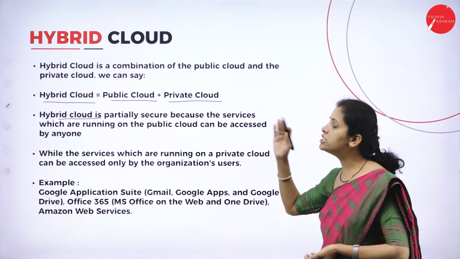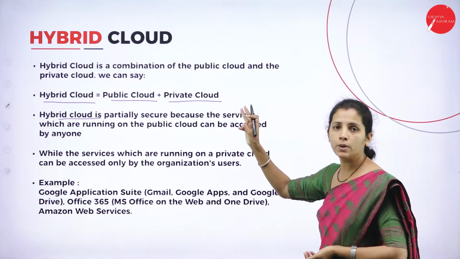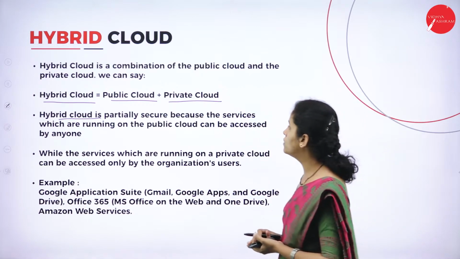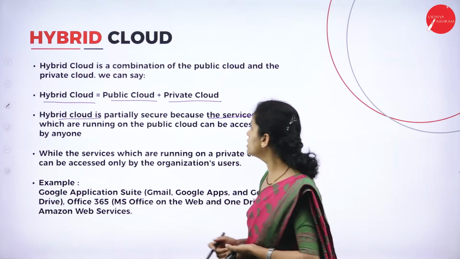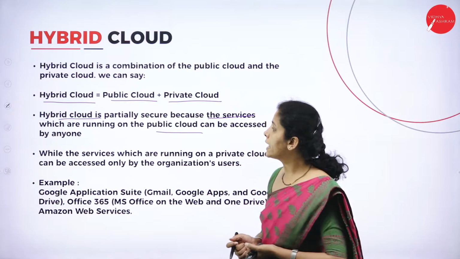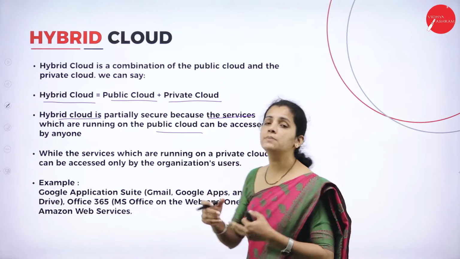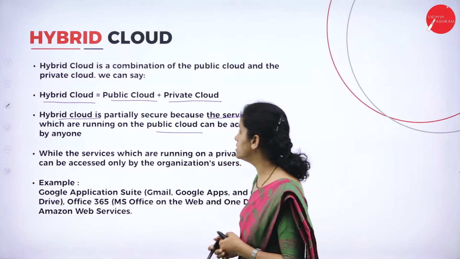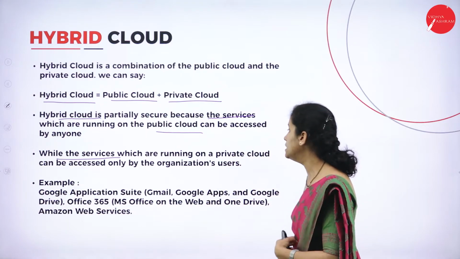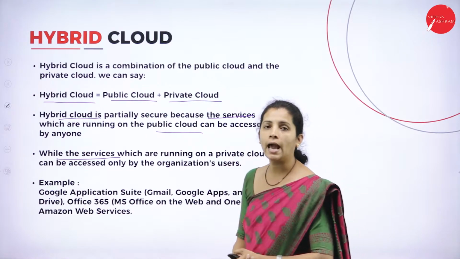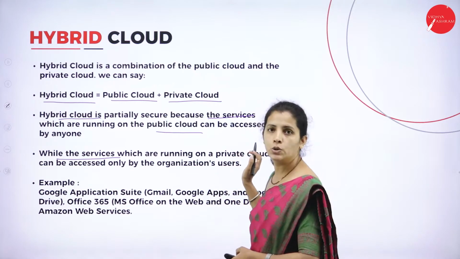It is partially secure because it combines public cloud as well as private cloud, because the services which are running on the public cloud can be accessed by anyone. That means it is public to all users. While the services which are running in the private cloud can be accessed only by the organizational users.